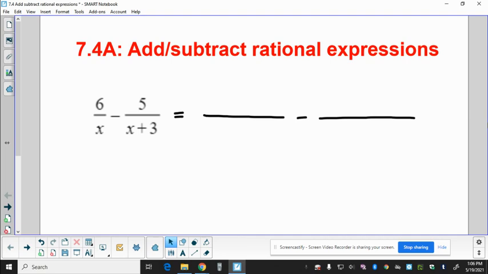So what I'm going to do is I'm going to take this term right here, and I'm going to multiply it to this term. And that is going to become my common denominator.